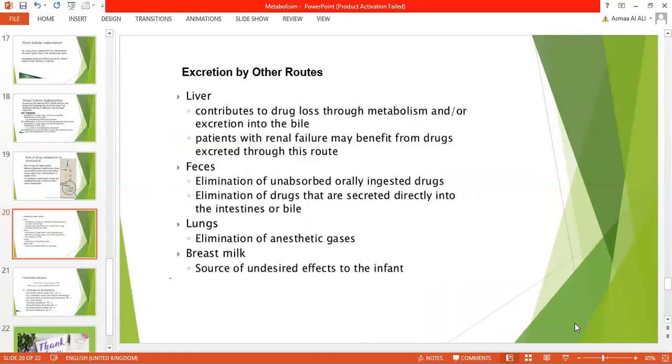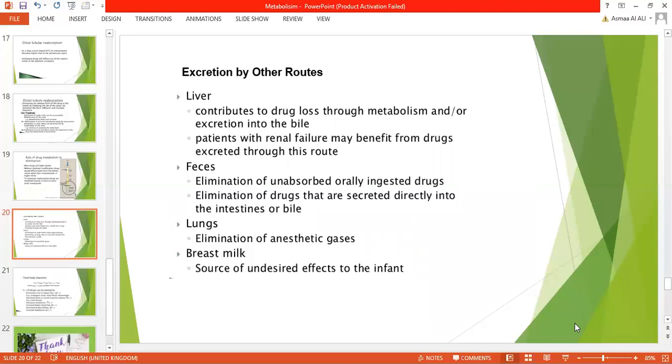There is also excretion by other routes and other parts of the body. It could be by the liver, via feces, through the lung, and also via breast milk. The liver contributes to drug loss through metabolism and or excretion into the bile. Patients with renal failure may benefit from drugs excreted through these routes.